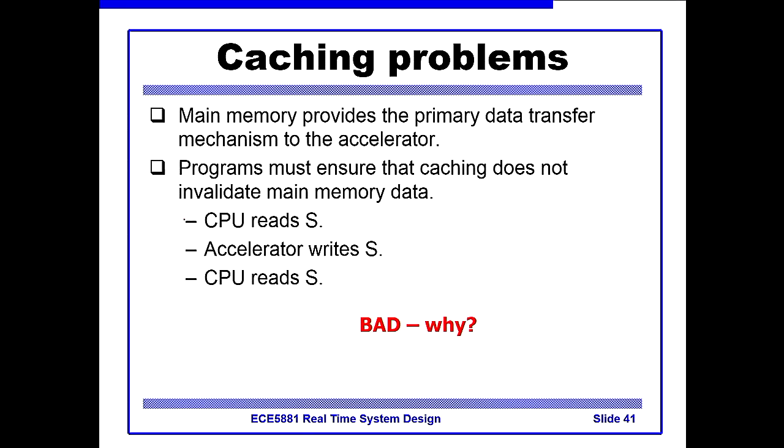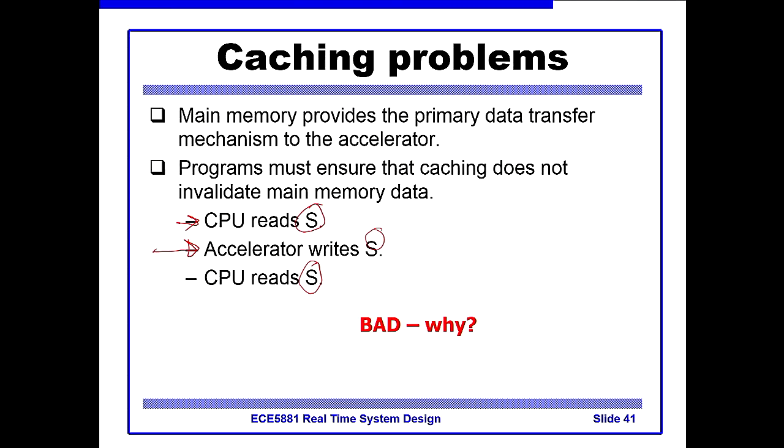So we can have the situation where a processor reads from shared memory and the accelerator also operates with the shared memory and it's writing to that shared memory. And then the CPU again reads from the shared memory, but the cache was not aware of what happened to the accelerator. So the accelerator doesn't use the cache, but the CPU does.